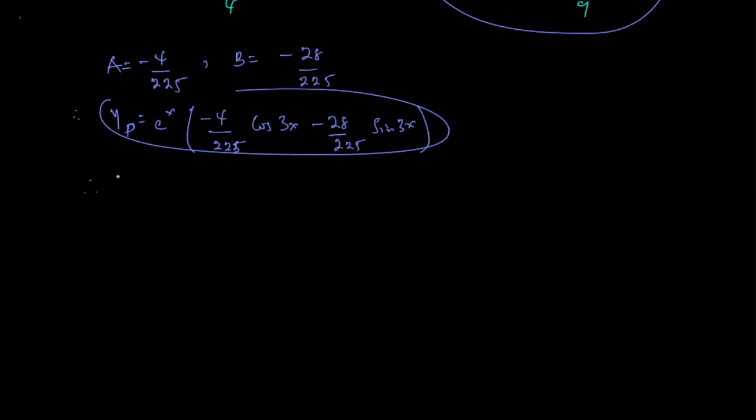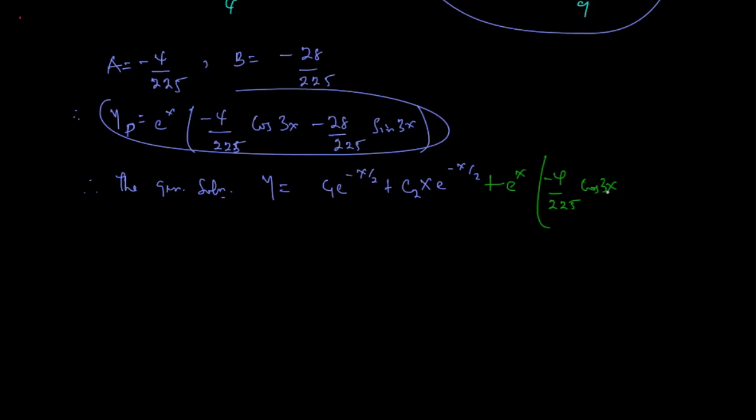So the general solution is y equals our yc, which is c1 e to the power minus x all over 2 plus c2 x e to the power minus x all over 2, plus our yp, which is e to the power x into minus 4 all over 225 cosine of 3x minus 28 divided by 225 sine of 3x.